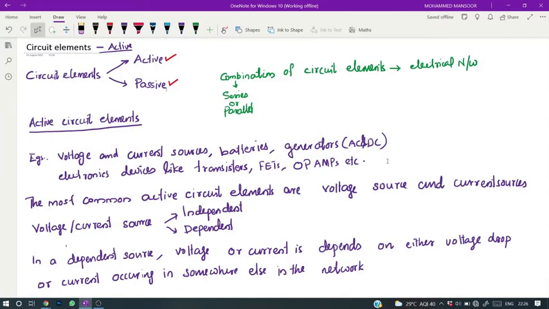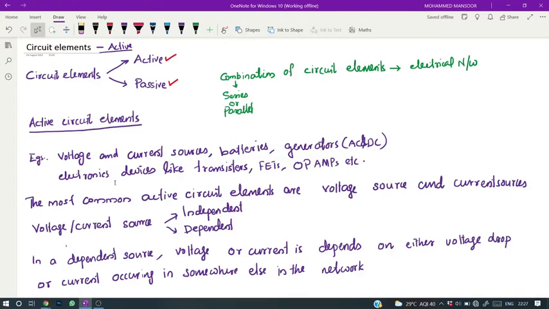The value of the voltage source depends on either a voltage drop somewhere else in the circuit or a current flowing through the circuit. Such types of sources are known as dependent sources. So dependent sources may be dependent voltage sources or dependent current sources. We can learn these things in detail in the proceeding part of this video.